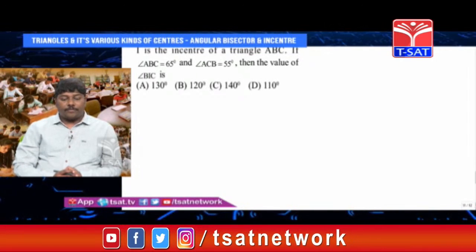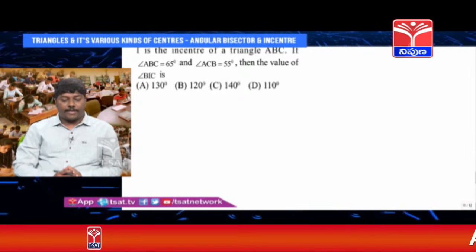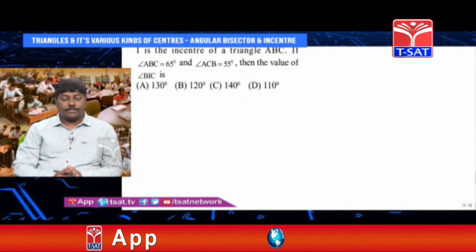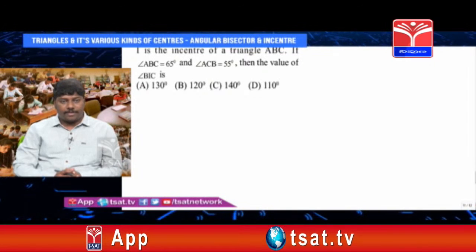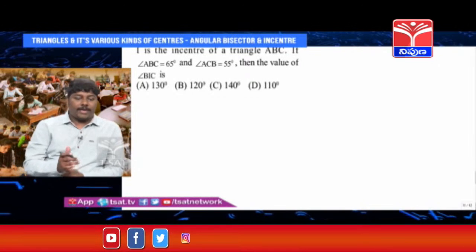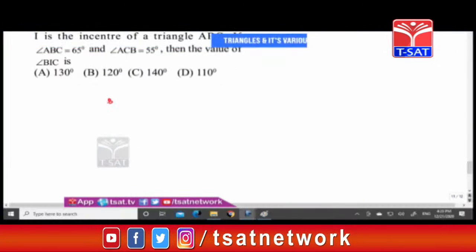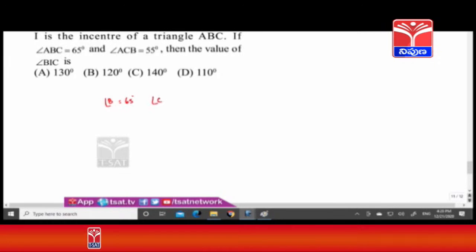I is the incenter of triangle ABC. If angle ABC is equal to 65 degrees and angle ACB is equal to 55 degrees, find the value of angle BIC. So here angle ABC is nothing but angle B. Angle B is given as 65 degrees. Angle C is given as 55 degrees.